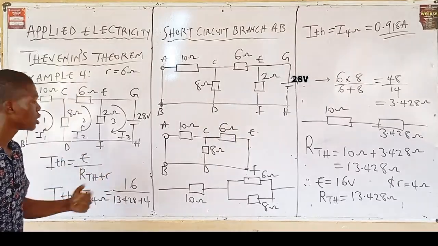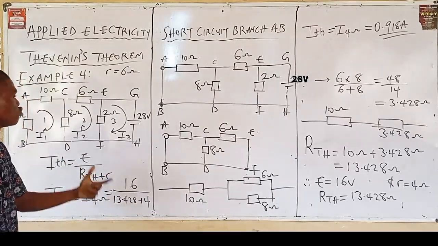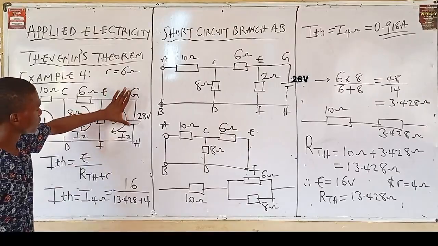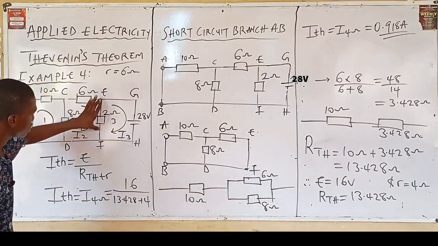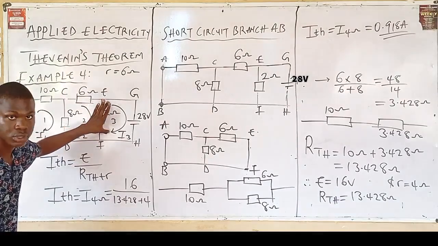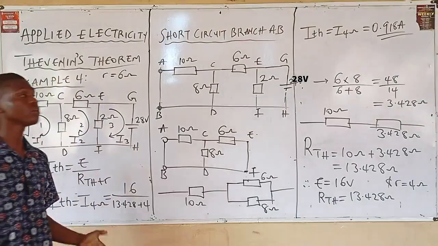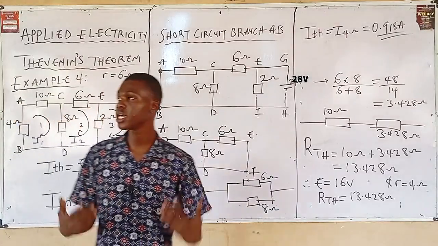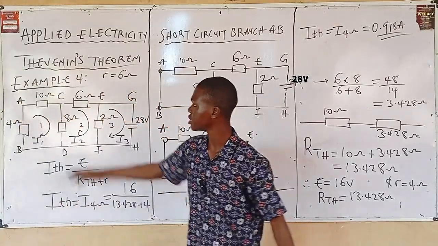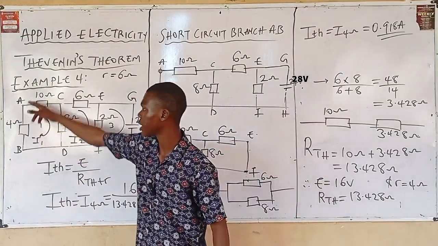Now, by equation 2, the value of voltage in this branch, which is 28 volts, is equal to the value of voltage in this branch, which is what? 2 ohms. Right? Next up, following equation 1, which says that the value of voltage in branch AB is equal to the value of voltage in what? Branch CD. The question is, how do we then obtain the value of voltage in branch CD?